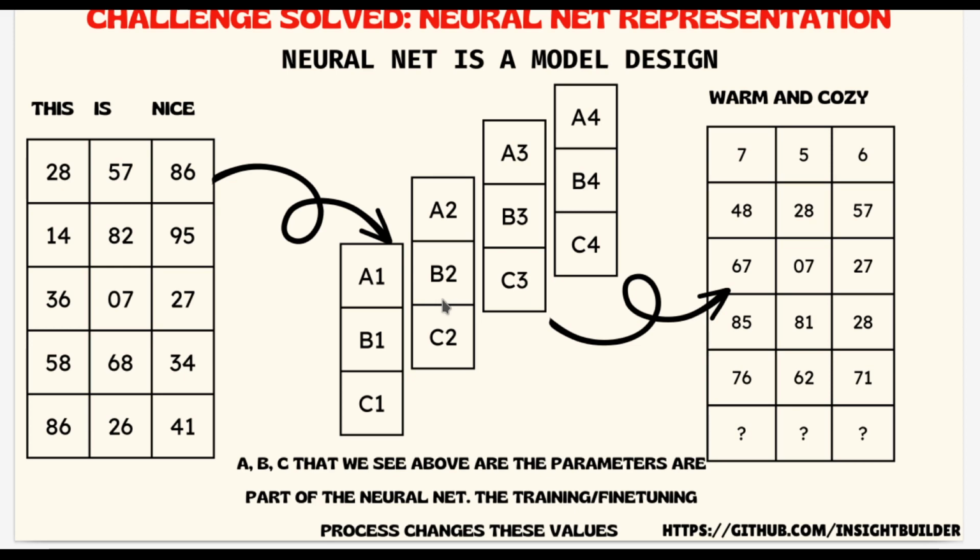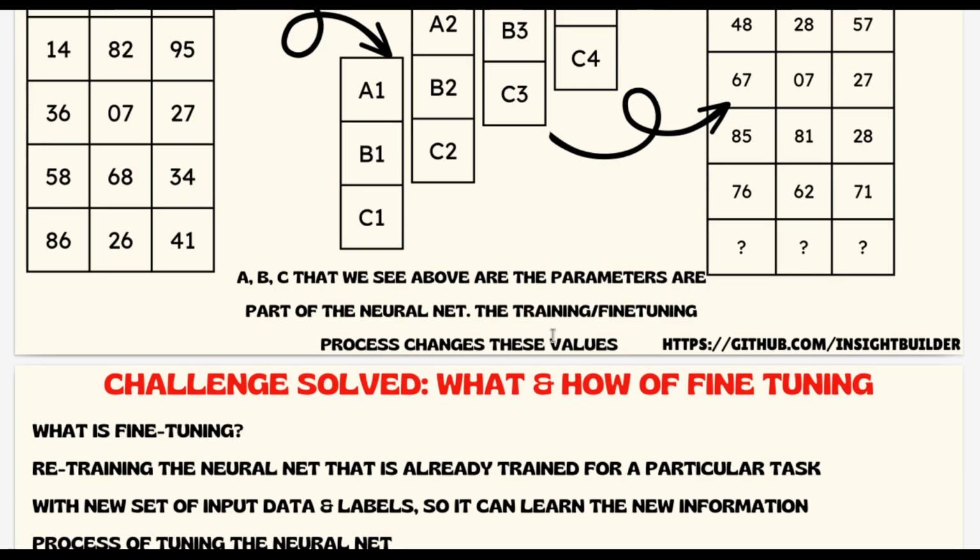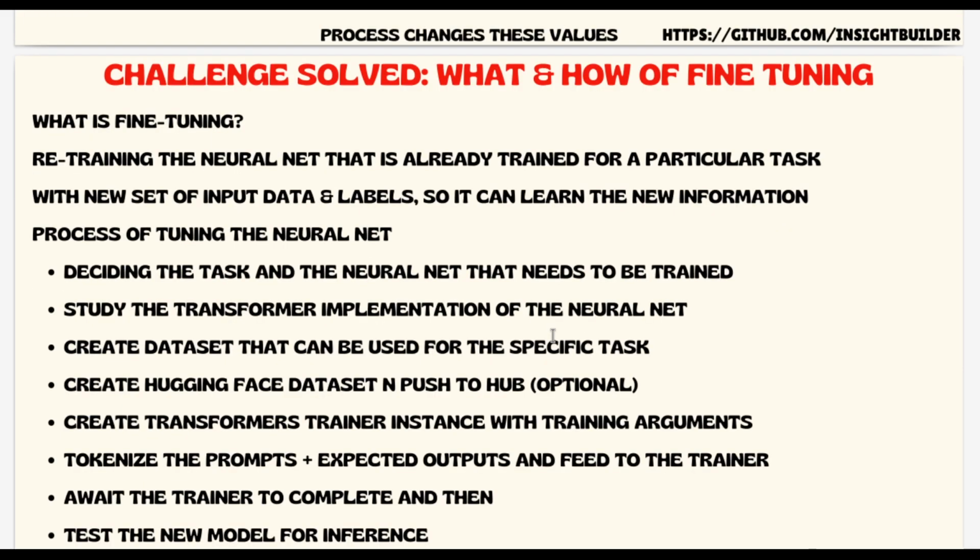You will be surprised that you don't need to do a lot of work, because let us go to the next step. Here I am explaining what fine tuning is. It is retraining a neural net that is already trained for a particular task. That is called pre-training, and with a new set of input data and labels, it can learn the new information.